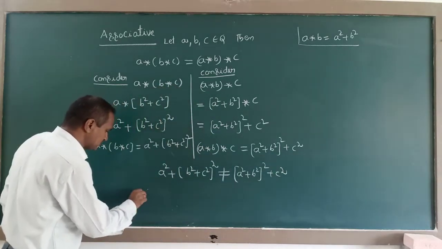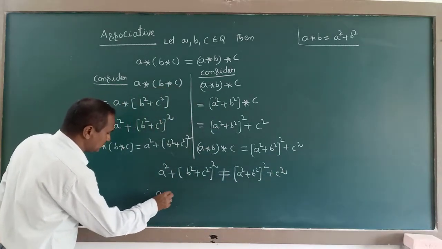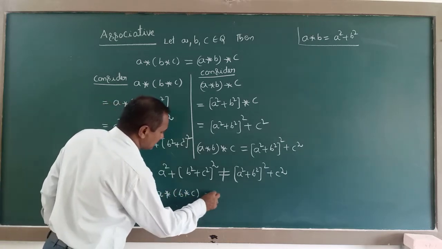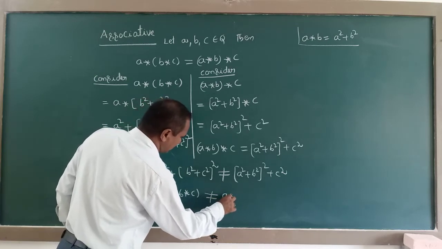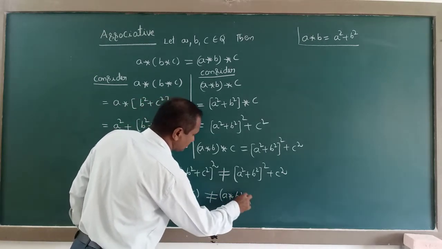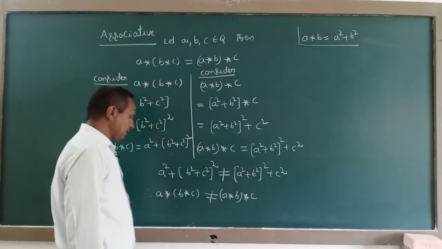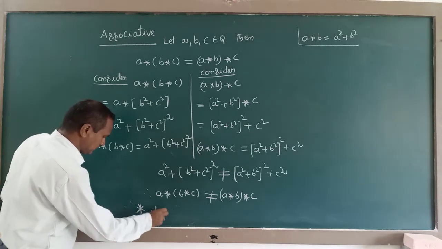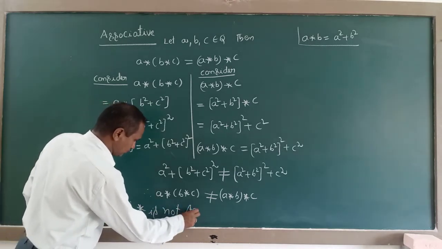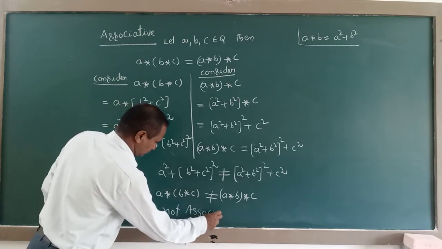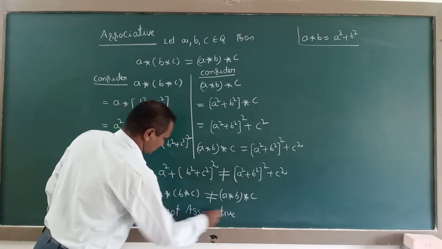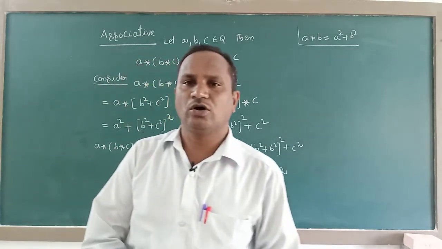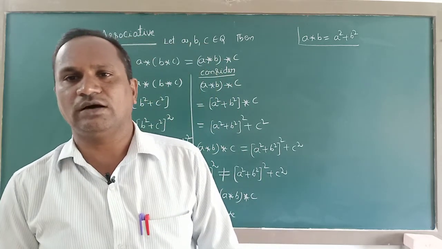Therefore, A star of B star C is not equal to A star B of star C. Therefore, star is not associative.